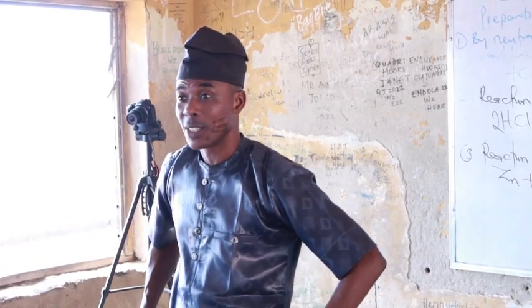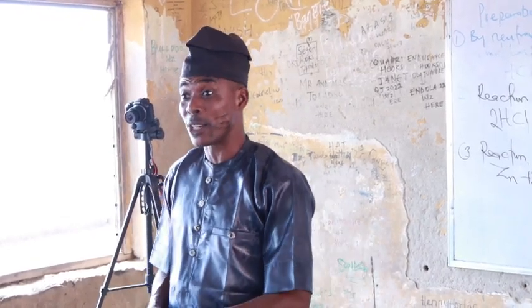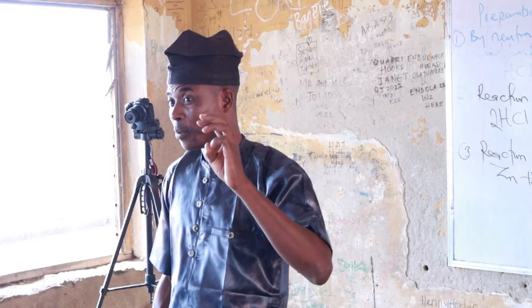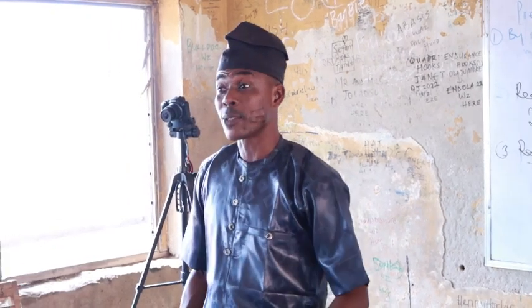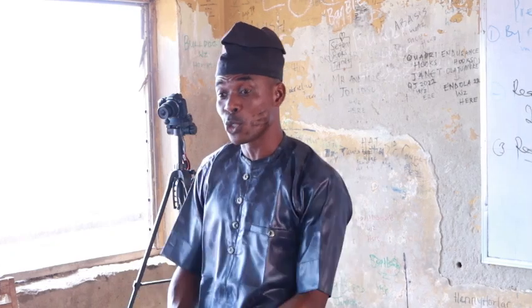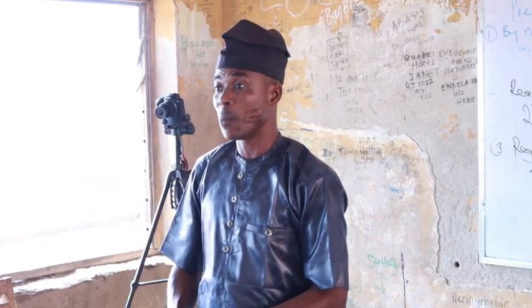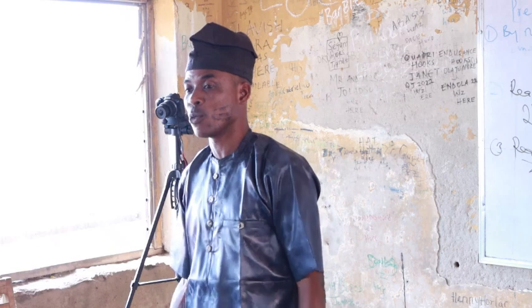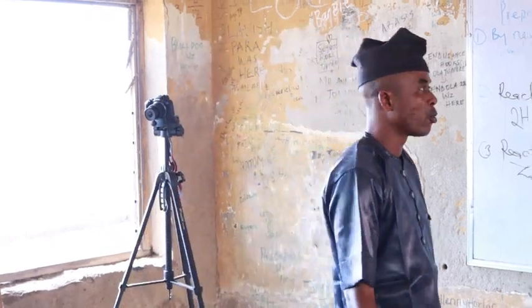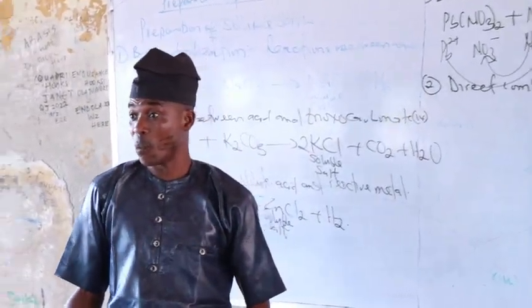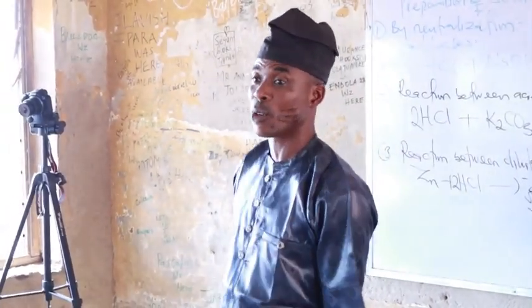Sulfide salts are insoluble, with the exception of the sulfides of sodium, potassium, and ammonium, which are soluble. So if I want to prepare iron(II) sulfide, I can combine the iron and sulfur.